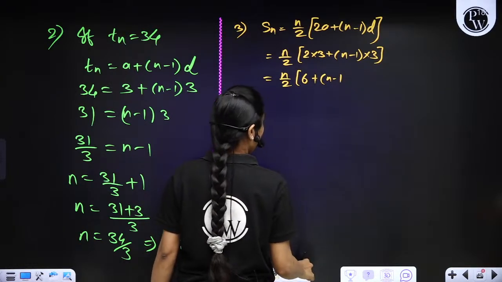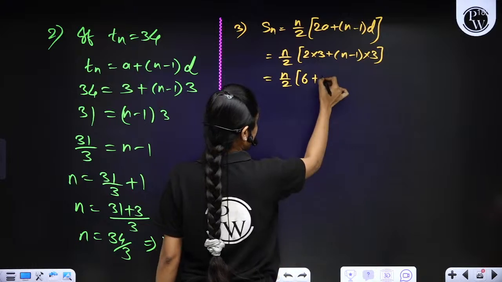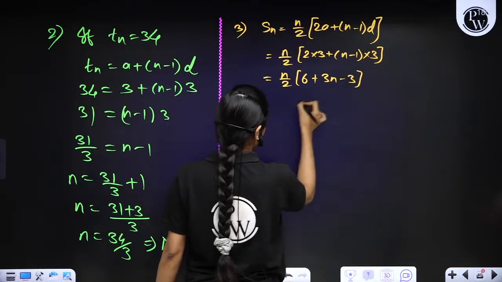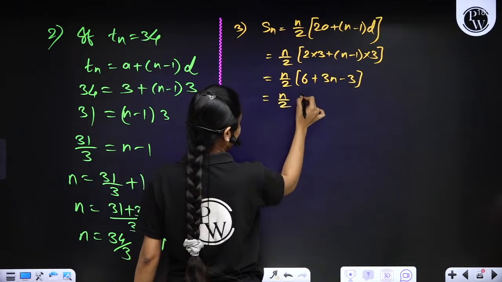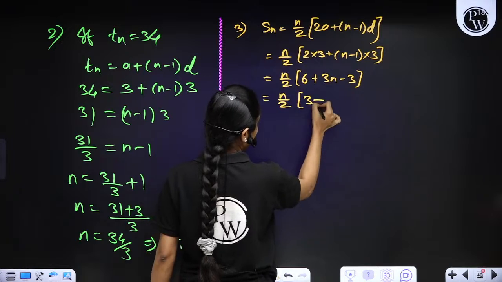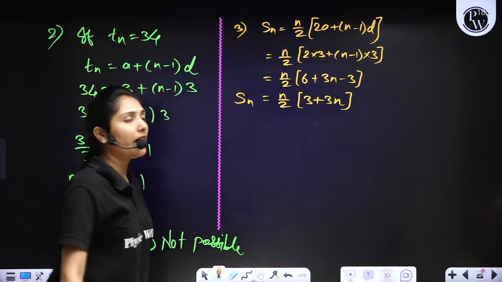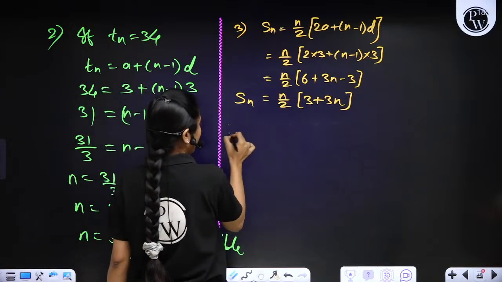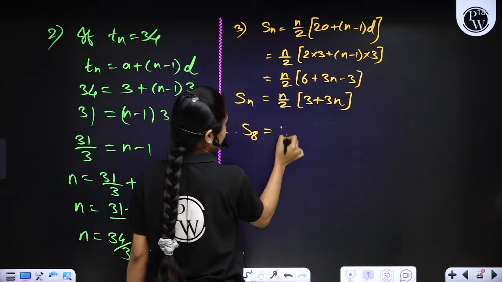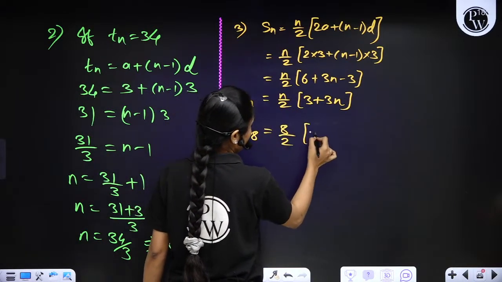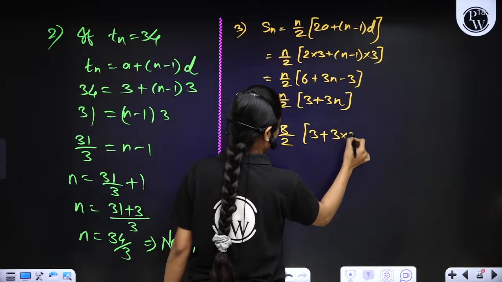Or we can just open it as 3n minus 3. So it's n by 2, 6 minus 3, 3 plus 3n. That's the general formula for Sn.